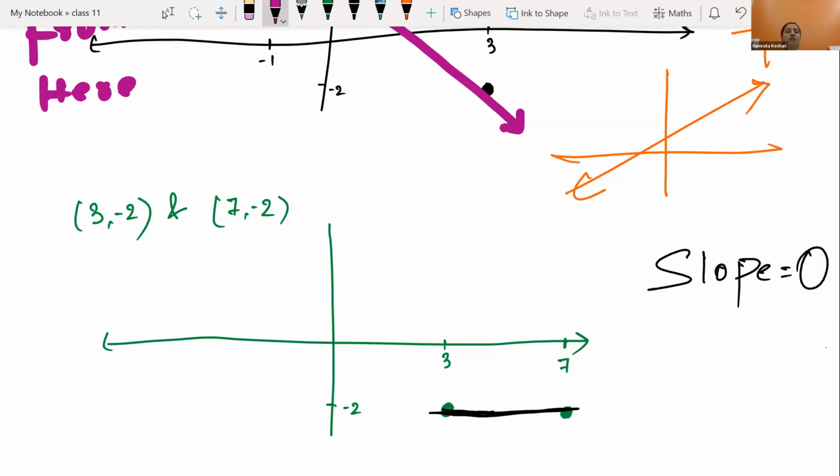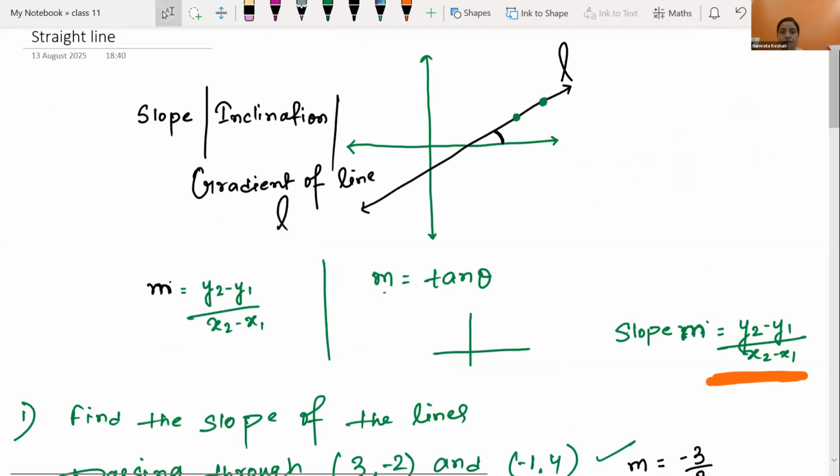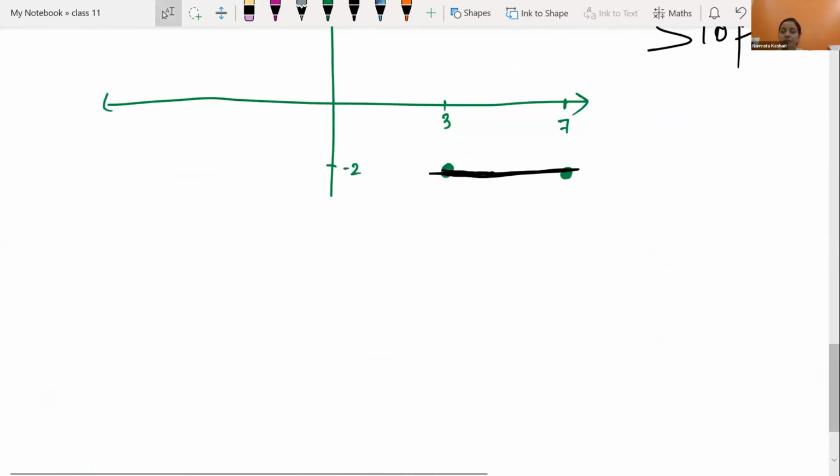And you will ask, where is the point? The point is not there. How to give the answer? The answer will be: if the line is horizontal, then with the positive direction of the x-axis it is making 0 degrees. You need to know this. Next. Just a moment.